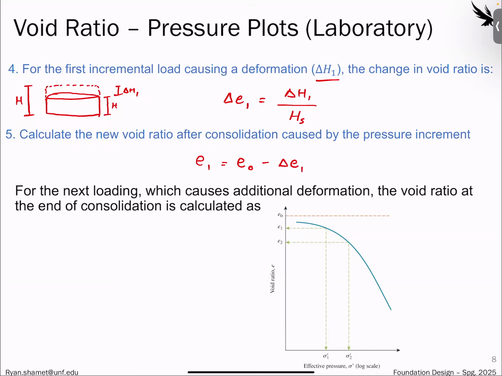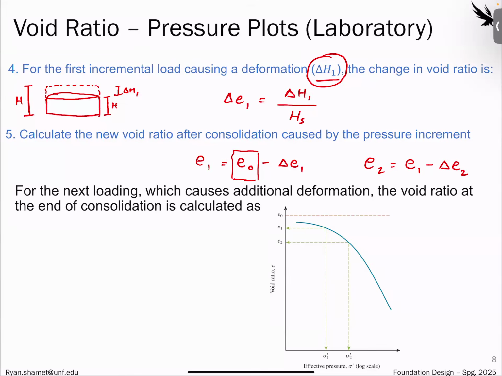Now, this is an important thing, because some people will show this value right here sometimes as cumulative deformation, and sometimes as incremental deformation. Depending on how it's shown determines what this value is. It's all the same for the first step. But for the second step, e2, normally it would be e1 minus the change from e1 to e2.